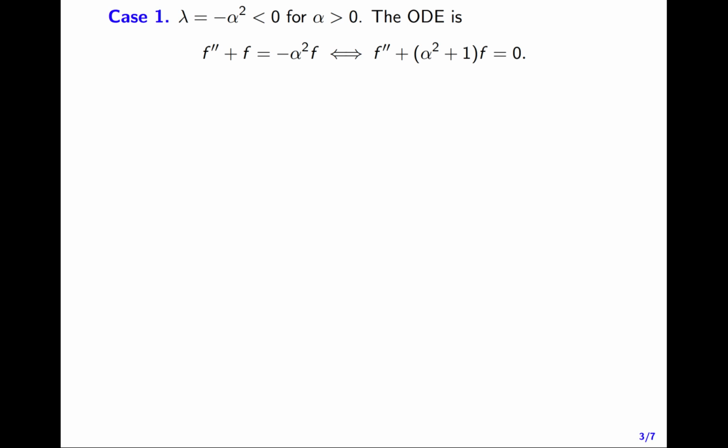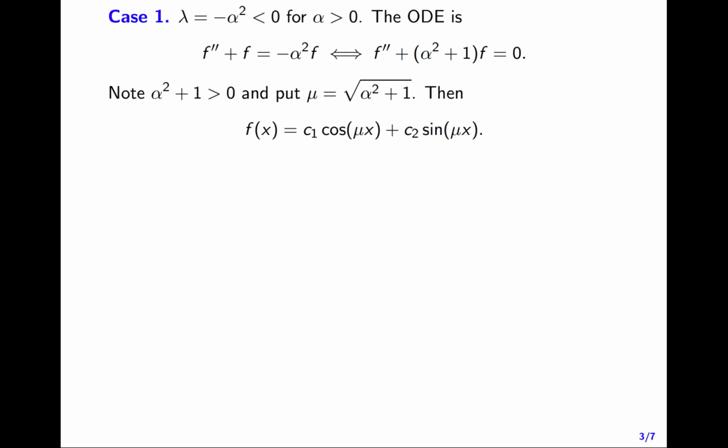As promised, a constant coefficient, second order linear homogeneous ODE. We know how to solve it. Namely, alpha squared plus 1 is positive. Let's abbreviate mu equals square root of alpha squared plus 1. And then the solution has to be f of x equals c1 times cosine of mu times x plus c2 times sine of mu times x.